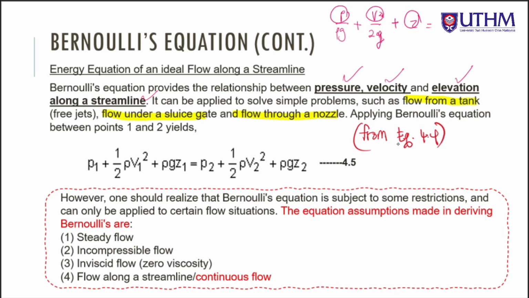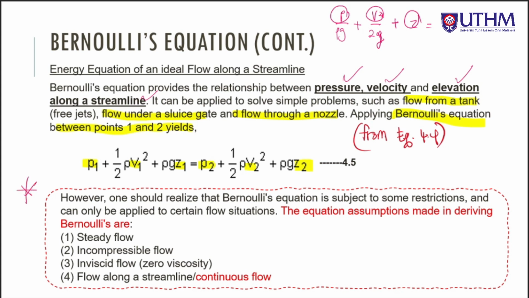So this is an example: let's say we want to apply Bernoulli's equation between point 1 and point 2, we consider position 1 and position 2. Okay. This is as I explained earlier.